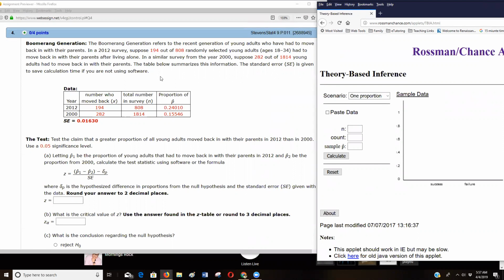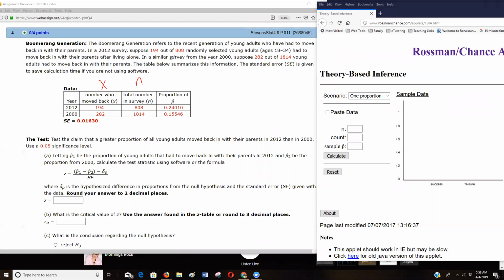So they told me the data, and I know this is N, and then that's the number of successes.